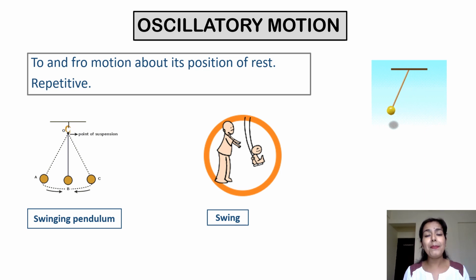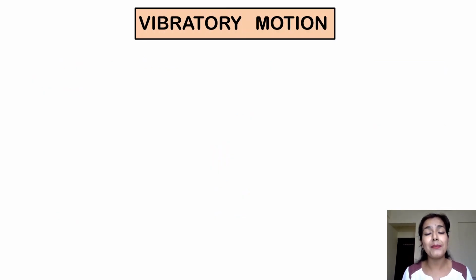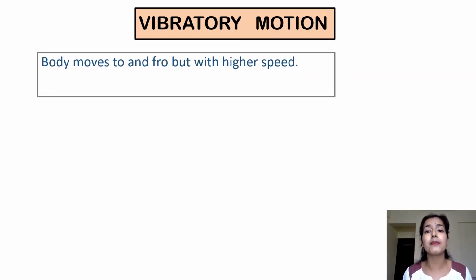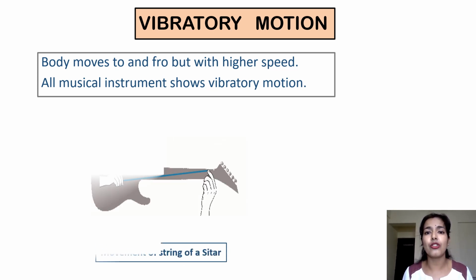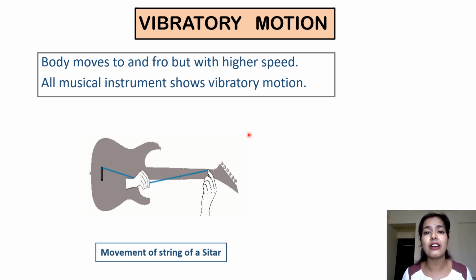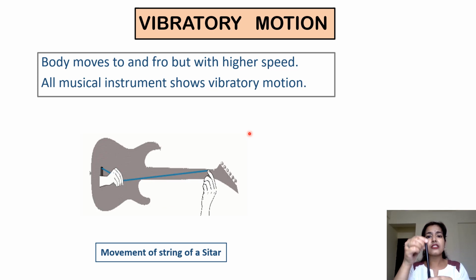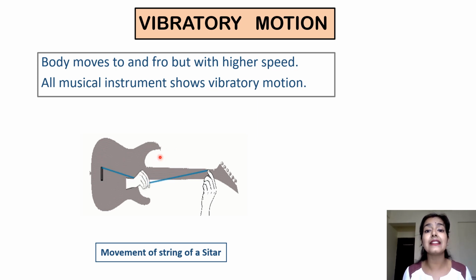Now, vibratory motion. What do we mean by vibratory motion? Vibratory motion is basically a type of oscillatory motion only, but here the difference lies between vibratory and oscillatory. Here also the body is moving to and fro. And what happens here is that the speed of the body is more.